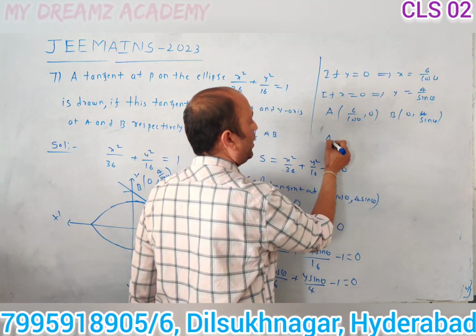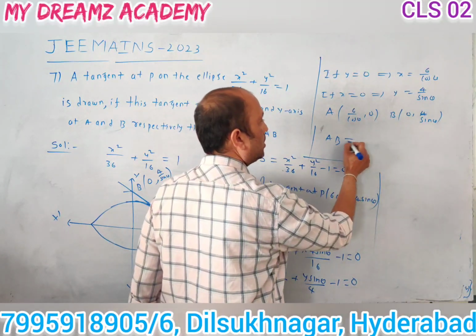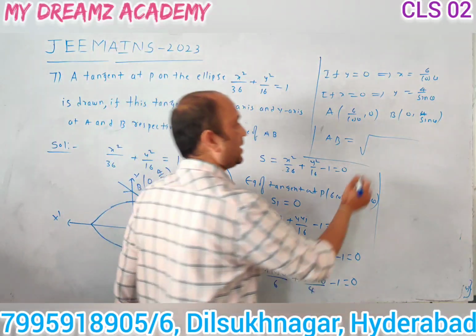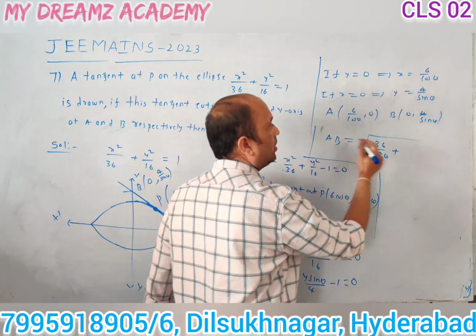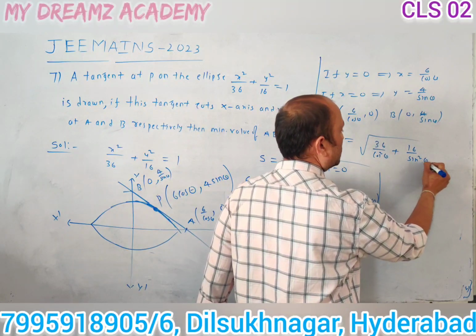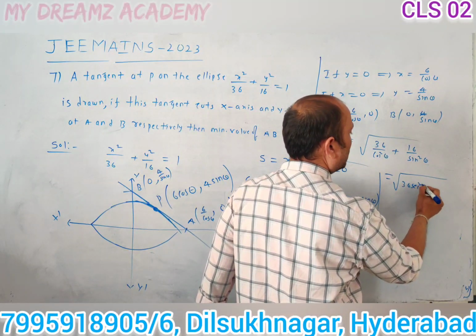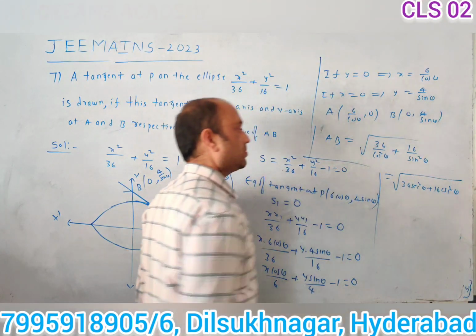Now find the AB value. The value of AB is under root of (x2 minus x1) whole square plus (y2 minus y1) whole square, that is 36 by cos square theta plus 16 by sin square theta, which equals 36 secant square theta plus 16 cosecant square theta.